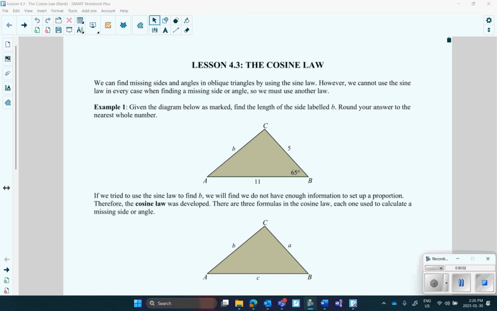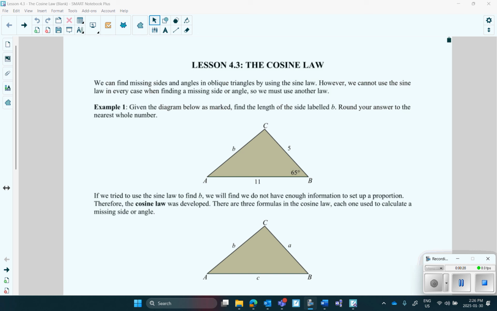So yesterday we talked about sine law, to find missing sides and angles in non-right triangles, but the sine law doesn't work every time, as I mentioned. So here's a situation where you can't actually use sine law. Remember, to use sine law, you need to know a side and its angle opposite. Well, I know this angle, but I don't know this side opposite.